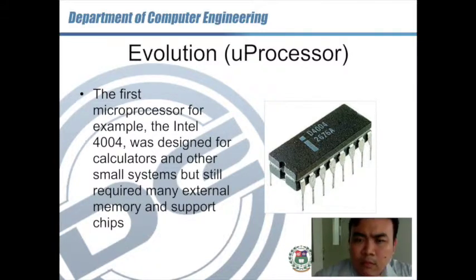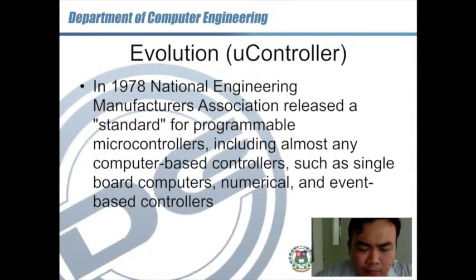Now, the microprocessor evolved into what we call the microcontroller, because of the need for packaging the microprocessor, the main memory or the RAM, and program memory into one device.